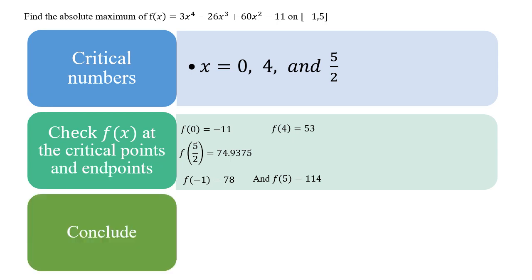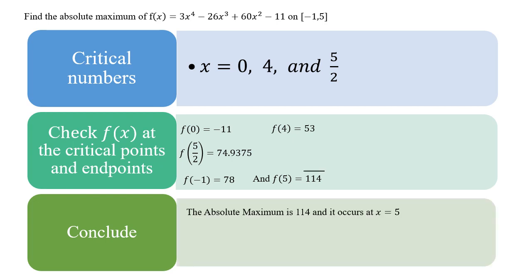And then we are left with just concluding, what does that mean? Whatever is the highest value of the function on that interval is going to be your absolute maximum. So we look at all the values we have here. The highest one is 114. So the absolute maximum is 114, and it happens at x equals 5.